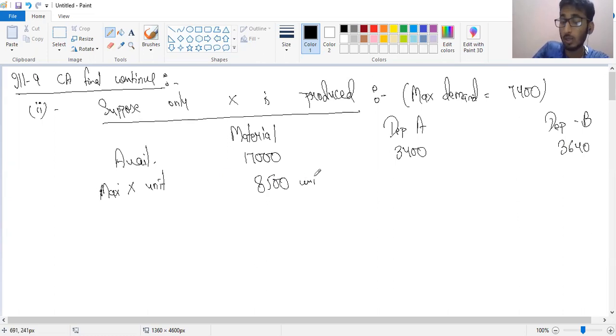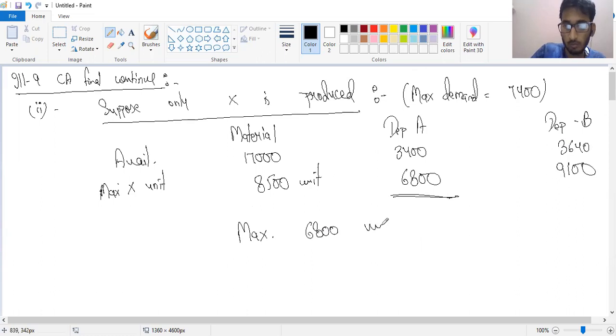By using department A hours, I can produce 6,800, because 0.5 hours is required in department A. By using department B hours, I can produce 9,100. Out of all these three, 6,800 is the least, so I can say a maximum of 6,800 units of X can be produced.